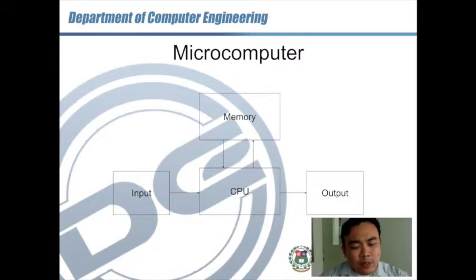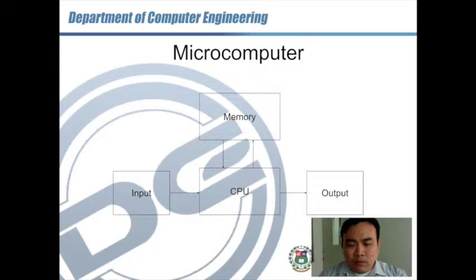So we have the CPU writing and reading data from memory, and of course input. The CPU gets input from the input device, and of course the CPU sends signals to the output device. Of course, it might not be true of all the computer systems that we have right now, because we also have direct memory access and so on and so forth. But this is the foundation of it all.